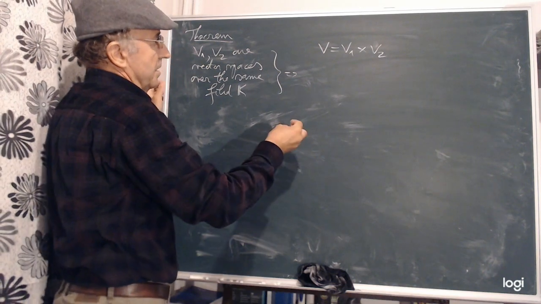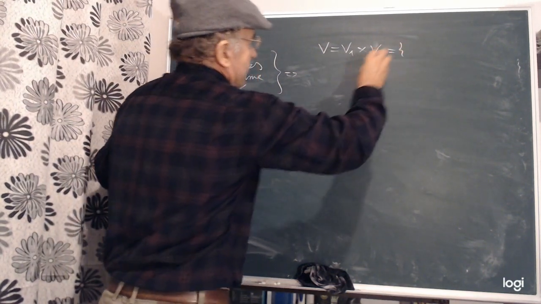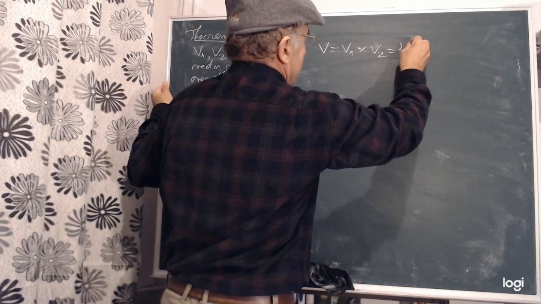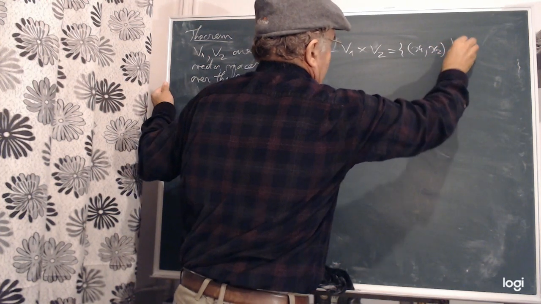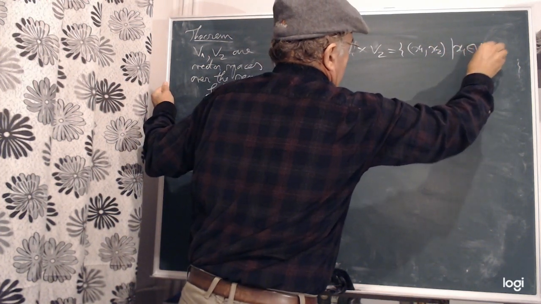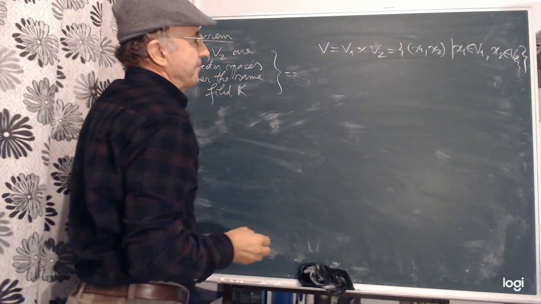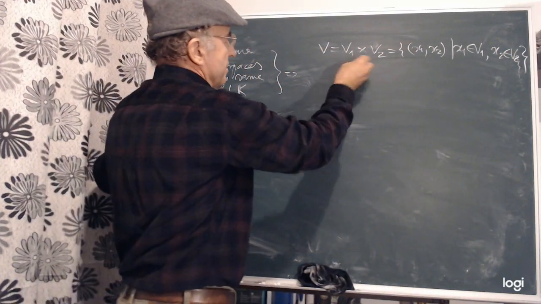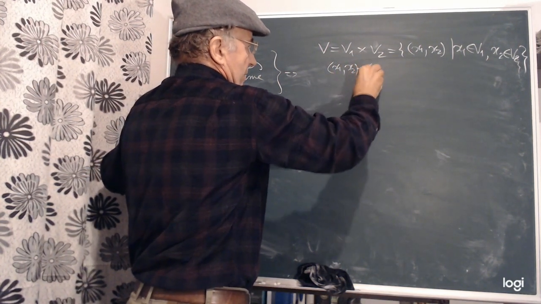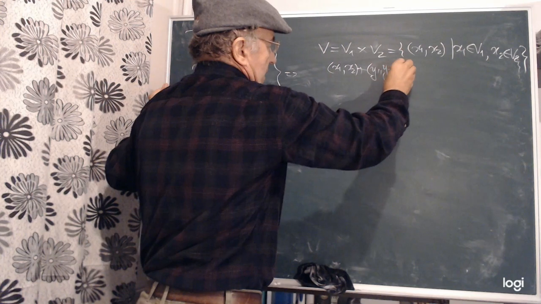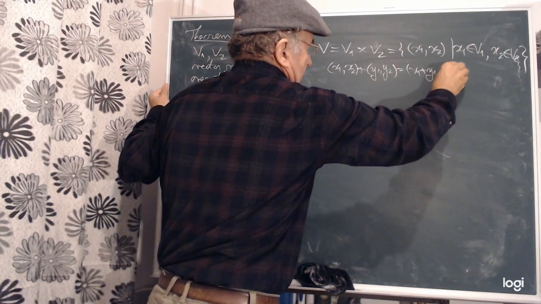The addition is by components. That is the set of vectors of the form (x1, x2) with x1 from V1, x2 from V2, and the addition (x1, x2) plus (y1, y2) equals (x1 plus y1, x2 plus y2).